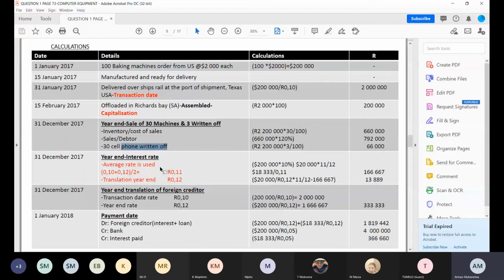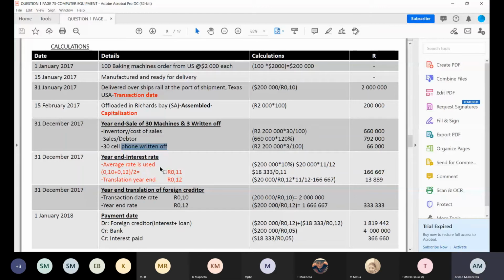No, because it's not yet the transaction date. On 15 January 2017, this inventory was manufactured and ready for delivery. Still, there's no transaction that we are going to recognize in rands. On the 31st of January 2017, delivered over ship. This is the transaction date.